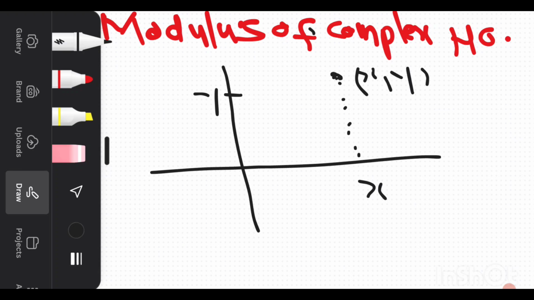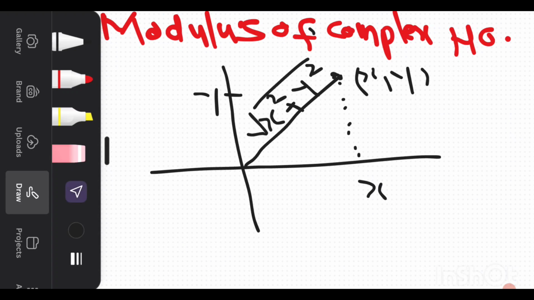This distance from the origin to the point is basically the modulus of complex number, which is equal to x square plus y square whole under root. We usually denote modulus of complex number by z modulus.